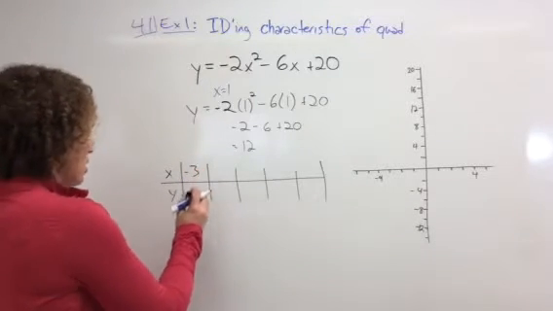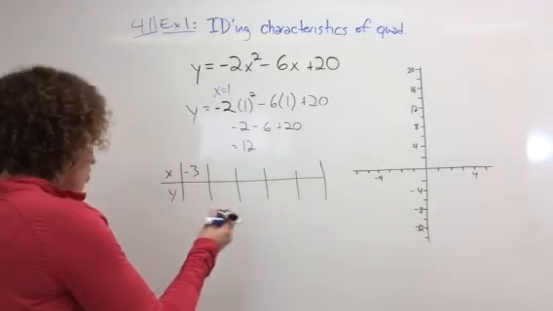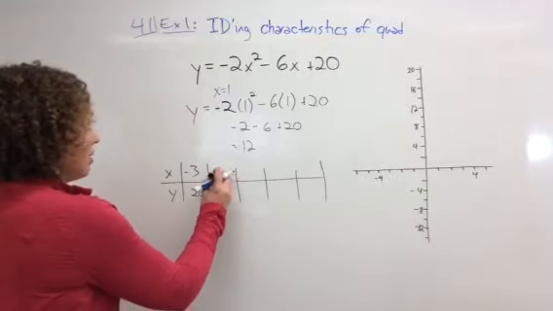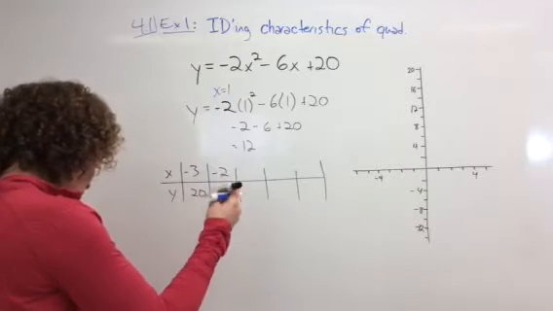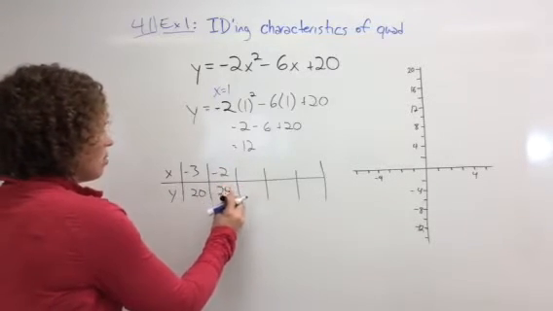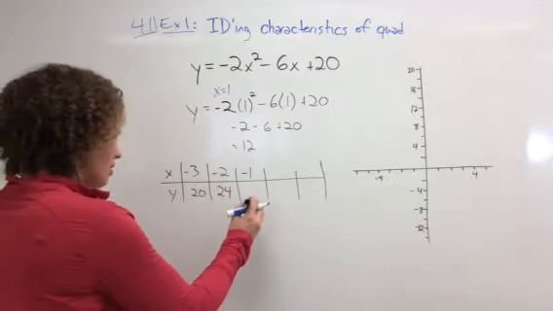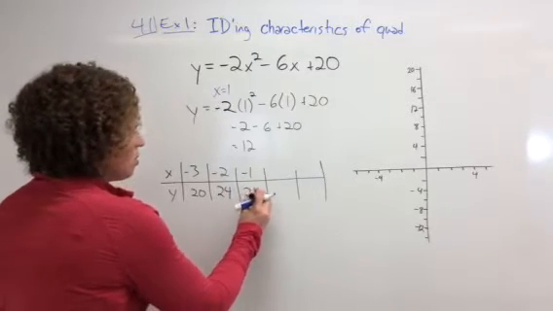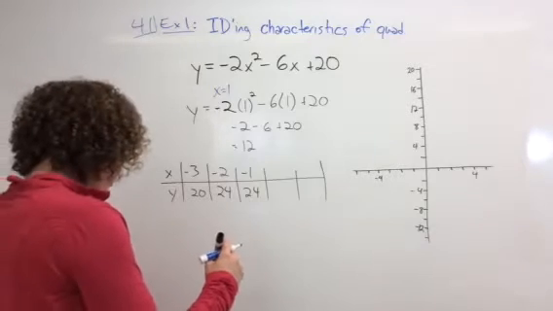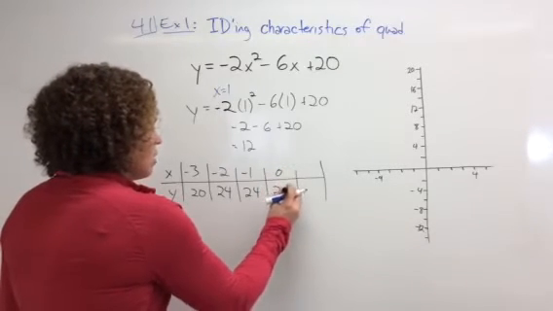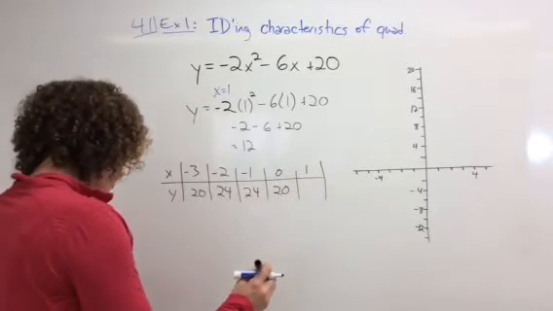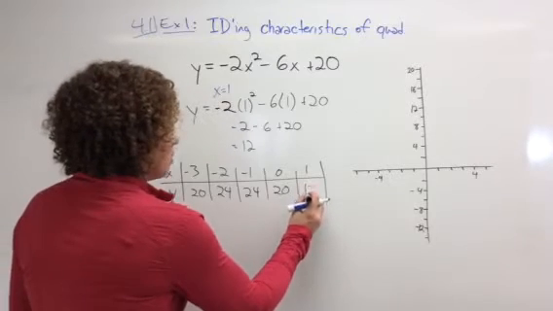So if my x was -3, I plug it into the equation. Y is going to be 20. My x is -2. Plug that into the equation, and I'm going to get 24. -1 also gives me 24. Interesting. 0 would give me 20. 1 would give me 12.